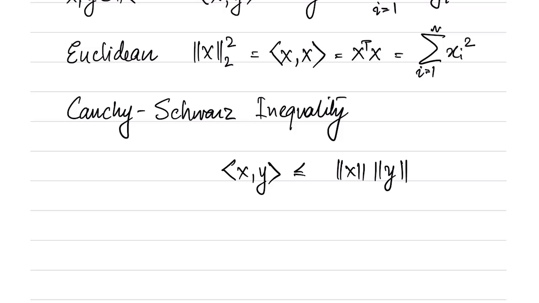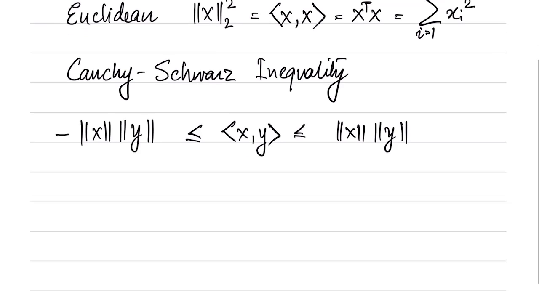And the other side is that it is greater than or equal to minus norm of x times norm of y. So both sides are there. Sometimes people get confused about the greater than or equal to side, but both sides are there, right?